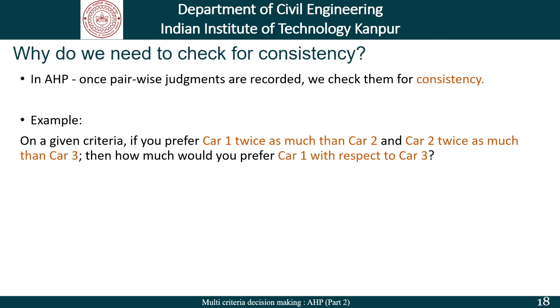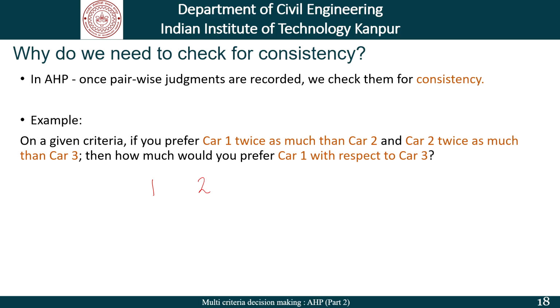For example, on any given criteria, if you prefer car 1 to be twice as much more than car 2, please note this is on the Saaty scale which we have been using, where 1 meant equally preferred, 2 meant slightly more preferred than another.